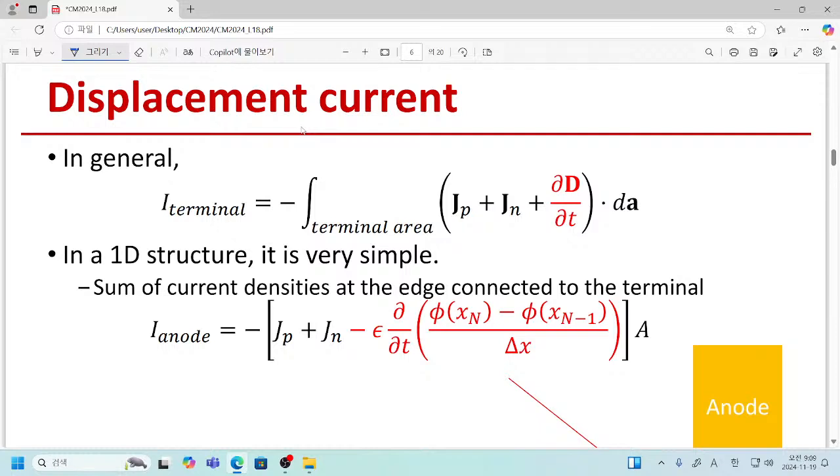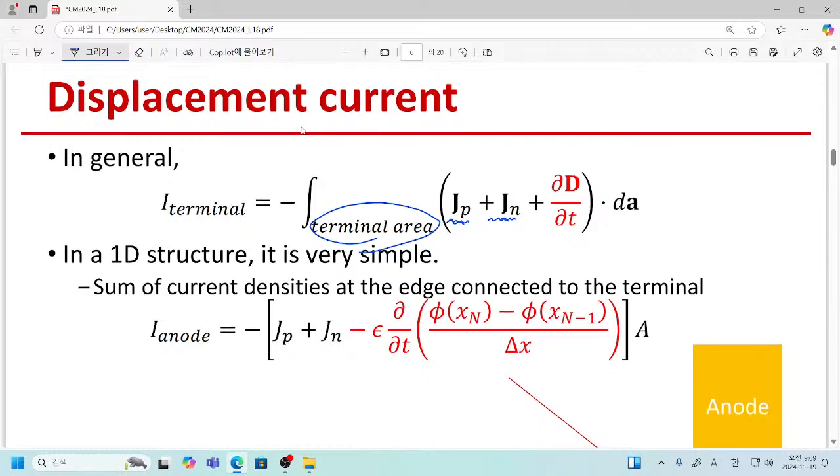So when we consider this terminal current, actually we did certain integration of electron current density and hole current density at a certain terminal area that was allowed in.